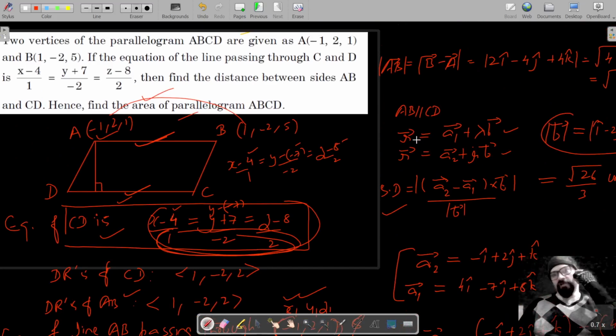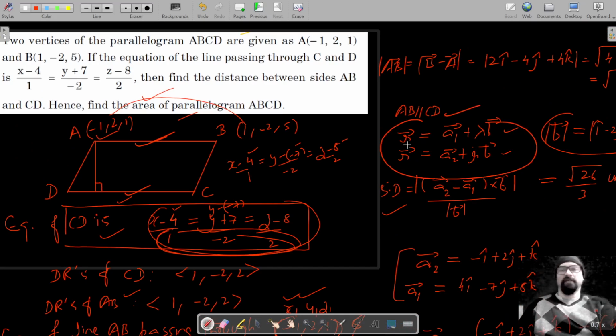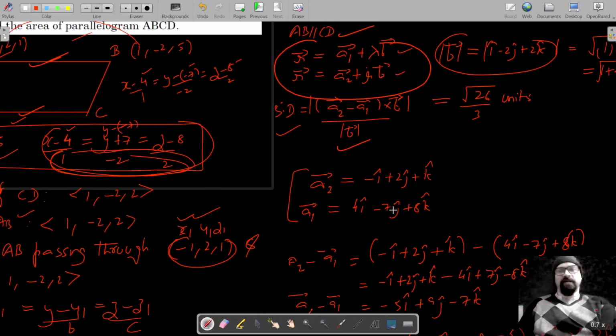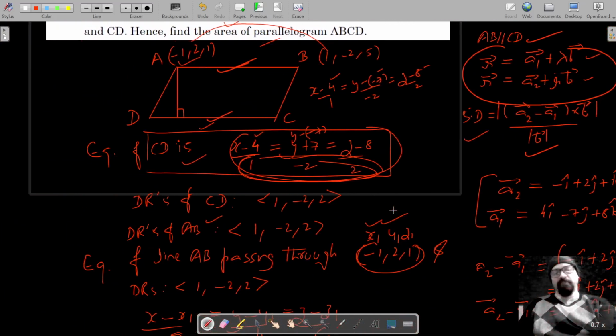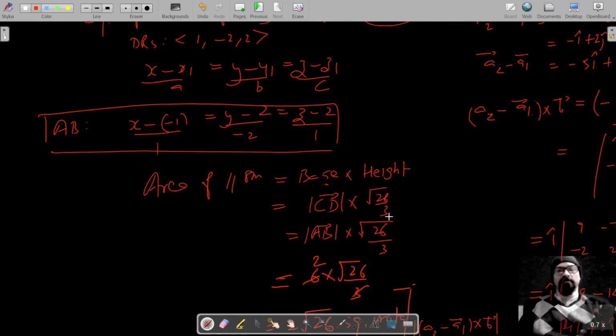And we know that the shortest distance between two parallel lines, in the vector form, is A2 minus A1 cross with the parallel vector of both the parallel sides, its magnitude divided by the magnitude of B, which gives us the height. And the area of the parallelogram is base into height, which we have got as 2 under root 26 square units.